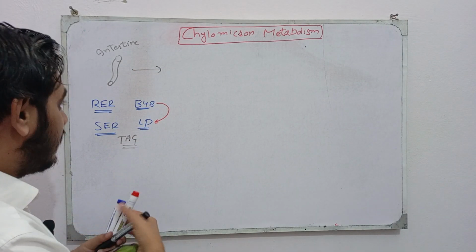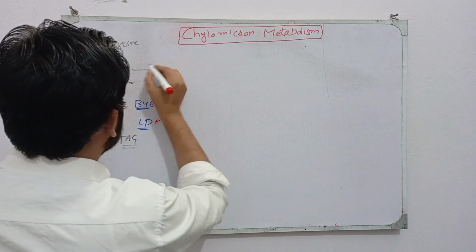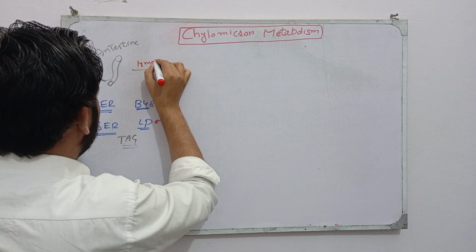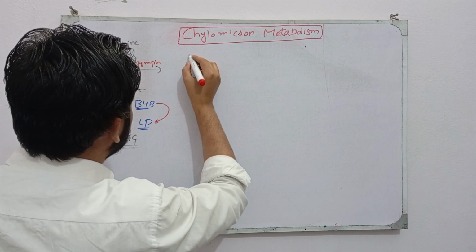Here is the nascent chylomicron formation. With the help of lymph, they are transported into the blood.